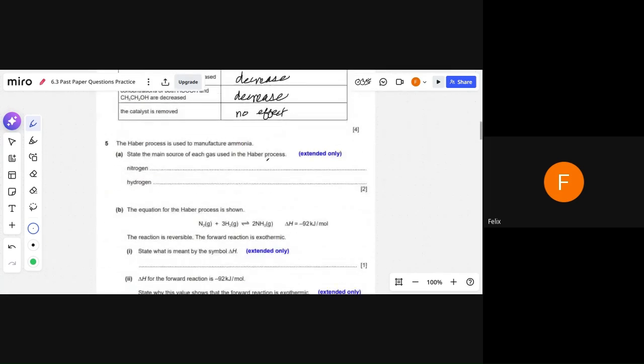Now we move on to question number 5. The Haber process is used to manufacture ammonia. State the main source of each gas used in the Haber process. Nitrogen, I told you guys this is a memory based question.